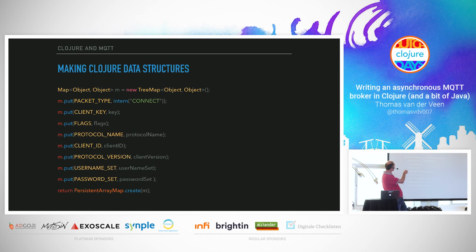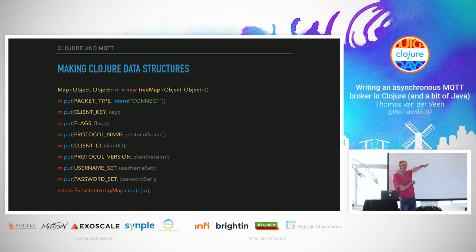So we create a map object, a tree map object, and we put in the map packet type, which is one of those keywords we just created, and we give it another keyword, connect, because this is a connect packet. Client key, it's a string we point out somewhere. So we get the flags, the protocol name, and then the username set, for instance.